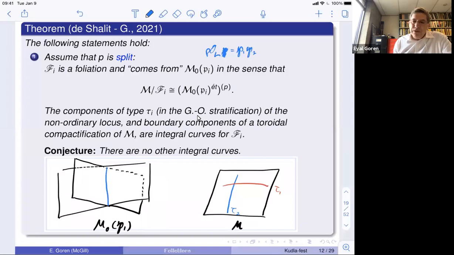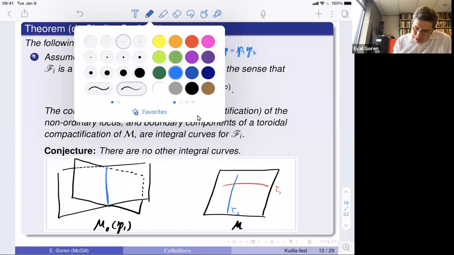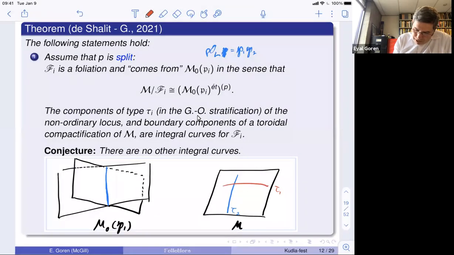It has two horizontal components that intersect at the pre-image of this particular part of the non-ordinary locus. The other part behaves differently for this particular choice, so it looks like something like that. This one separates into two branches, one lying on each horizontal component.